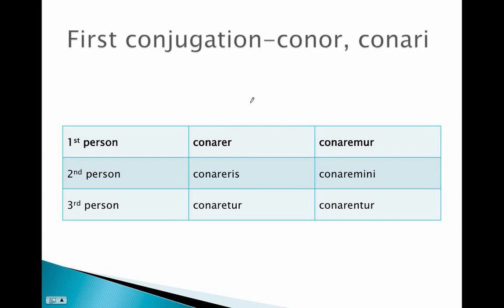So let's take a look at how this would work. So we have konor, konari, to try, and we want the imperfect subjunctive. How do we do that? We're going to take our second principal part, change the final I to an E, and add our personal endings. So conorere, conoreris, conoretur, conoremor, conoremini, conorentur.